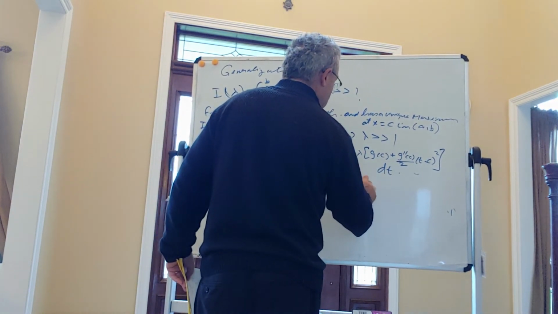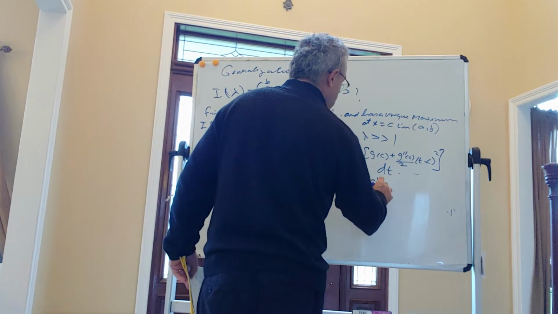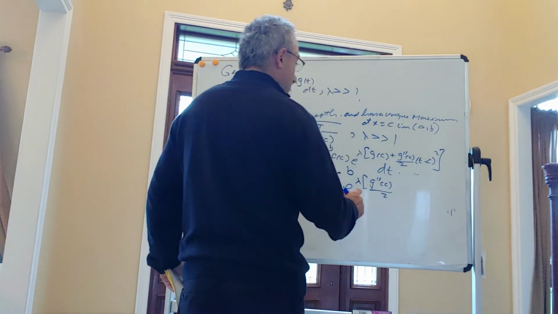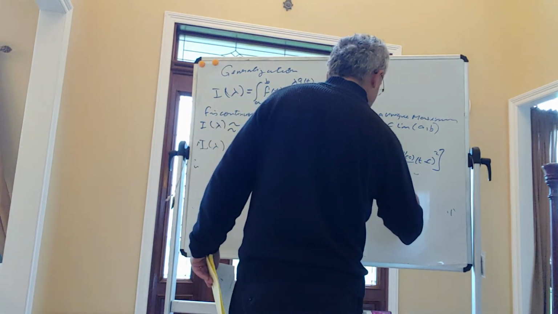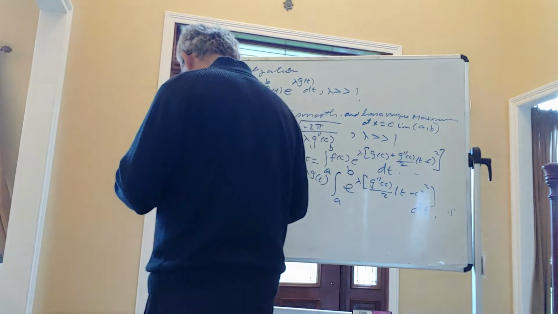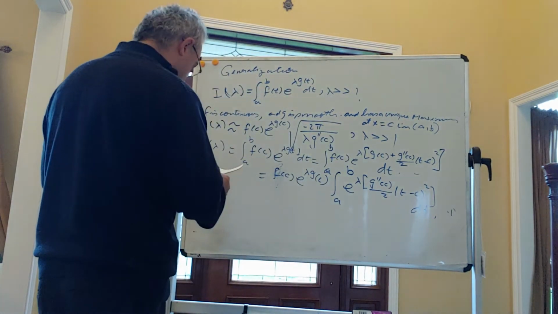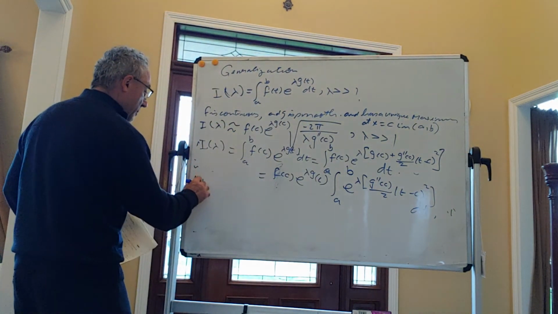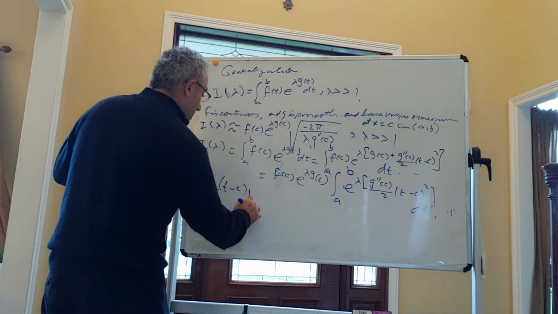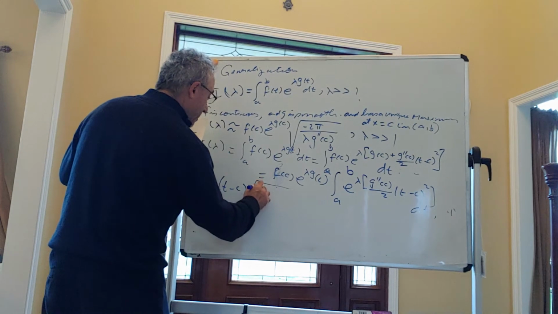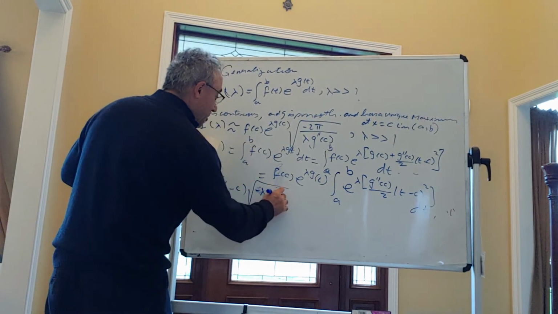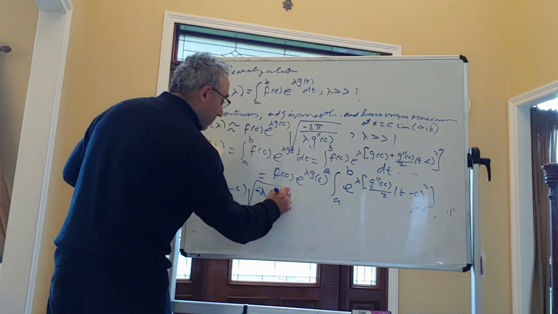E to the lambda g second of c over 2 times t minus c squared dt. Okay, so we're going to let s equal to t minus c times the square root of minus lambda g second of c divided by 2.